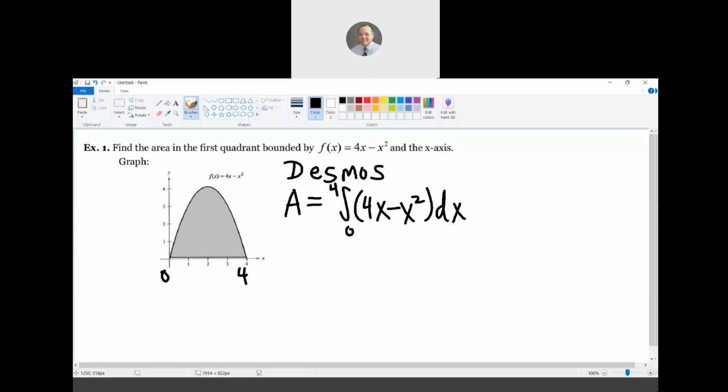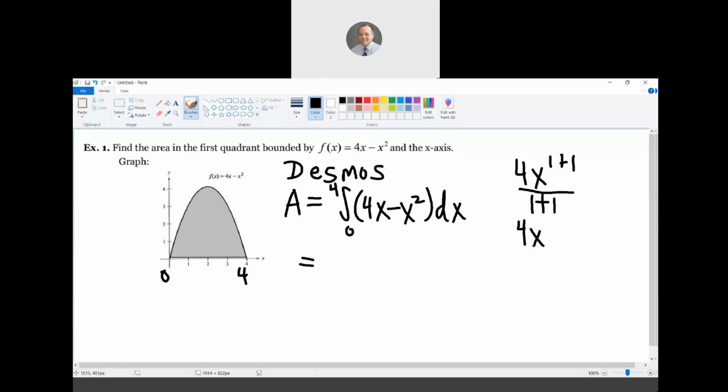And all we do is just integrate each part. So the integral of 4x, remember we are undoing the power rule, we're actually taking the antiderivative. Instead of subtracting 1 from the original exponent, you're adding 1 to it. And instead of multiplying by the exponent, you divide your antiderivative by your new exponent.